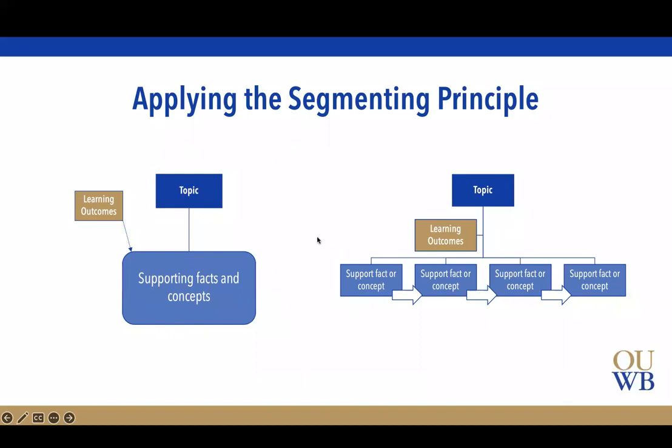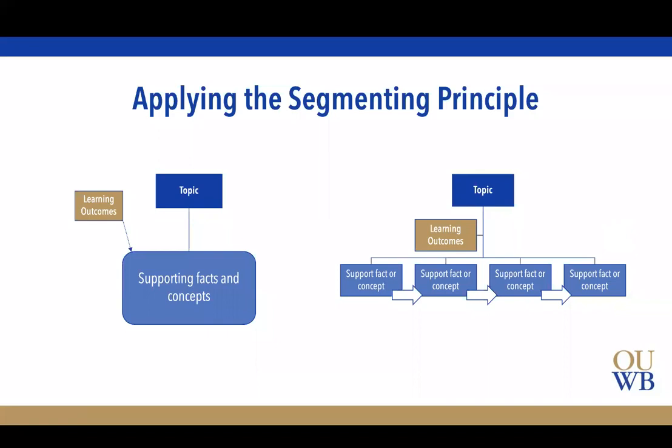So that's really what we're looking for here with the segmenting principle: taking this larger set of facts and concepts and topics that you're going to talk about in a lesson and breaking them down into smaller chunks so that students can more easily process those bits of information.